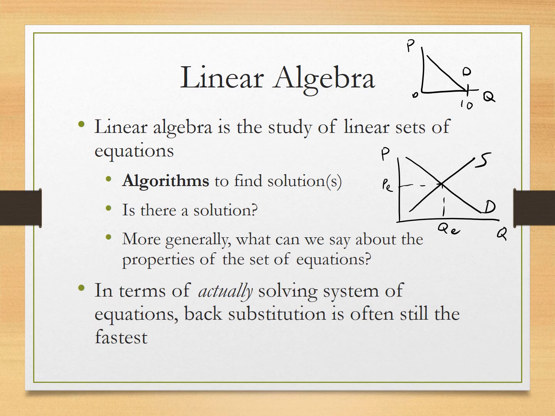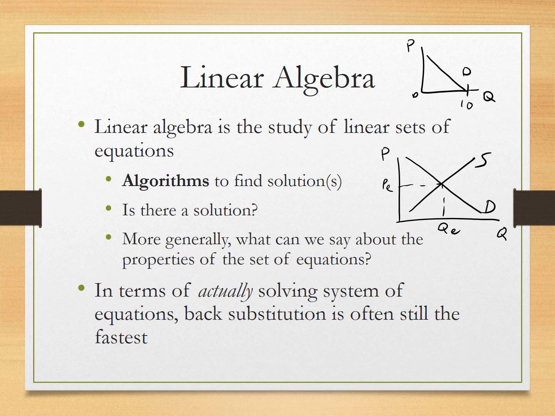And before we move on, one thing I have to mention is that in terms of actually solving a system of equations, in undergraduate studies, if you are given a demand curve, a supply curve, and the question asks you to solve the equilibrium quantity and equilibrium price, back substitution is almost always the fastest.